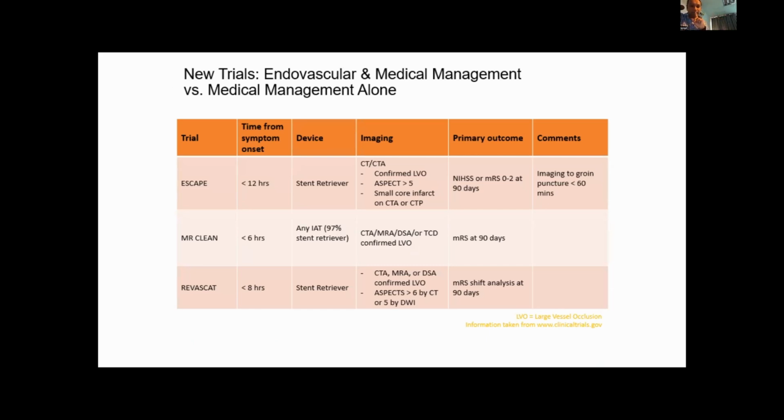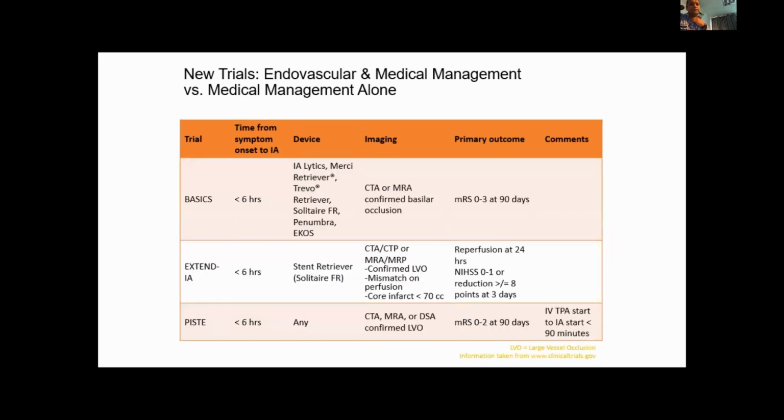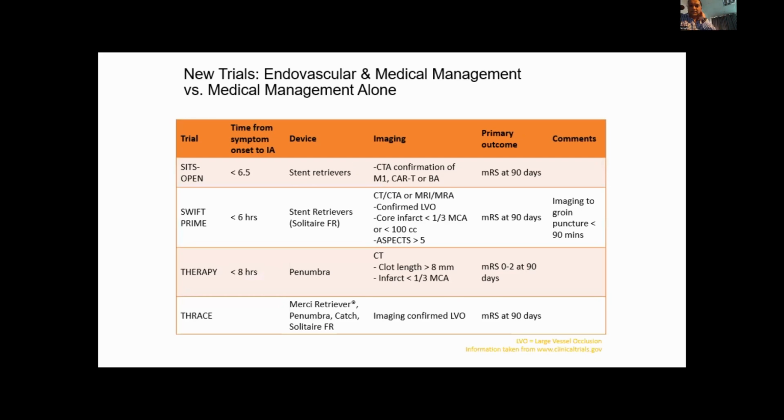They seemed to help a very defined population, but these last trials were the main ones that changed the game. Essentially they were all going head-to-head, stents versus IV-TPA, and these 4 here at the end were the major ones that changed the way the developed world thought we needed to do medicine.